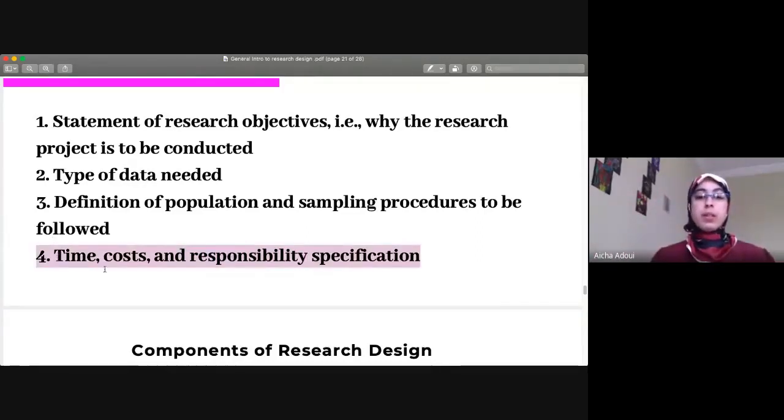Time, costs, and responsibility specifications are about where you are at and where you are conducting your research. How are you going to manage the time given so that you could do a certain piece of research? What are the costs that might arise in that certain environment? And then again, what responsibility do you have during that phase of research?